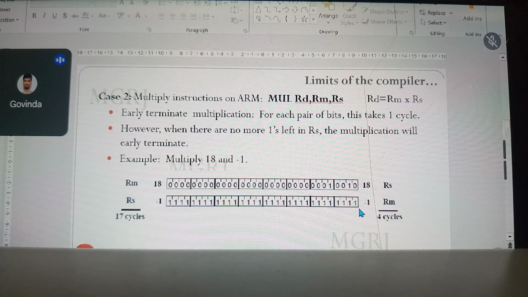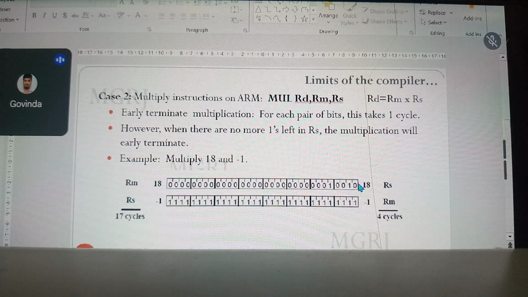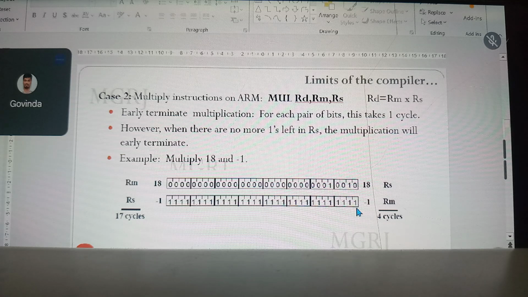In the ARM architecture, there is one special feature called early termination of the multiplication. What it does is, if no more non-zero digits remain, the multiplication will terminate early, because multiplying any digit with 0 will give 0. Is it clear? So the multiplication will terminate early.